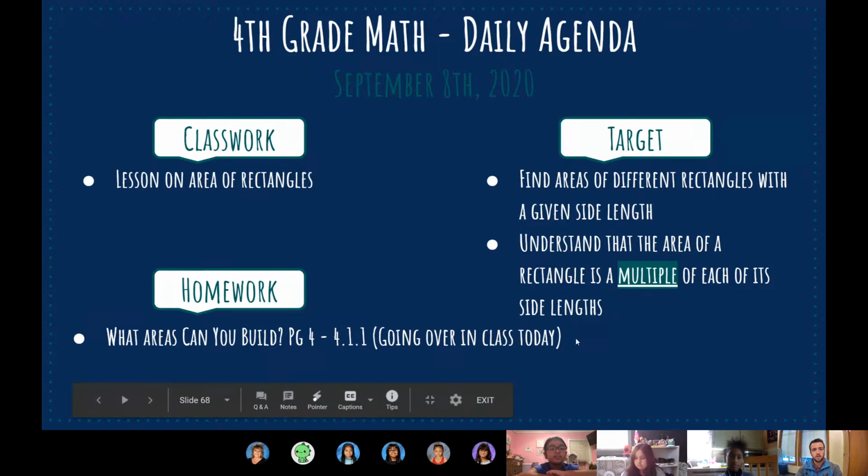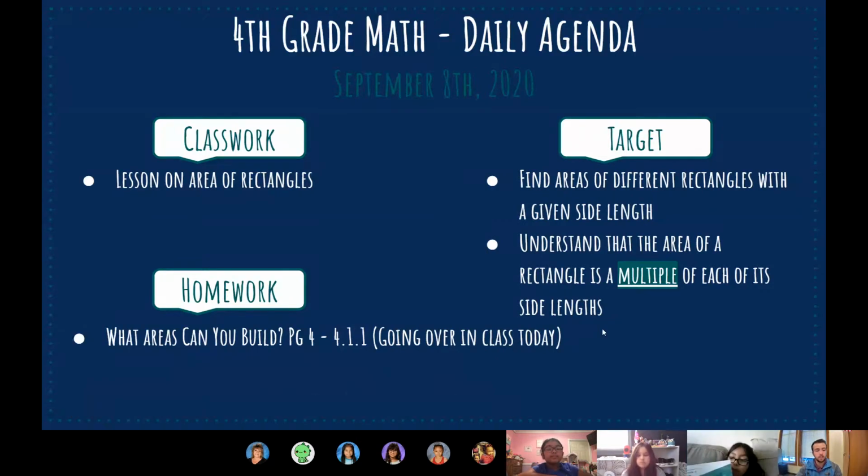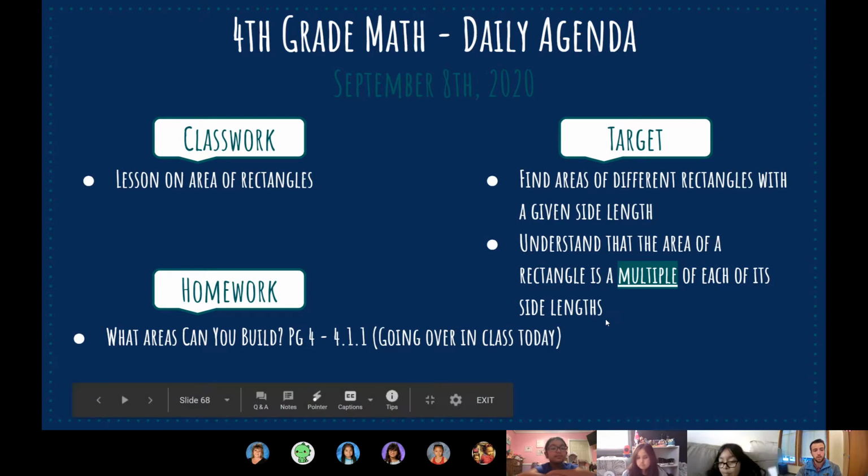And then it says homework down here, but we're going over it in class today. It was put in your assignments on Teams, but I don't expect you to turn it in. Just please use it to take notes today, whether it's in your packet or in your booklet, whatever it is. You don't need to turn it in because we're going to cover it in class. Okay, any questions?